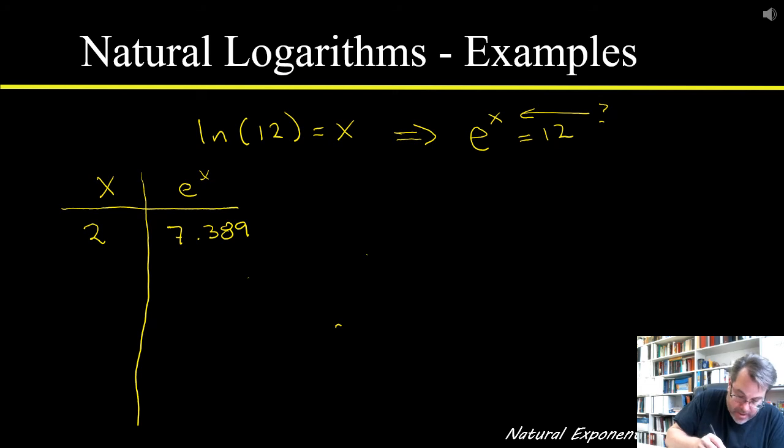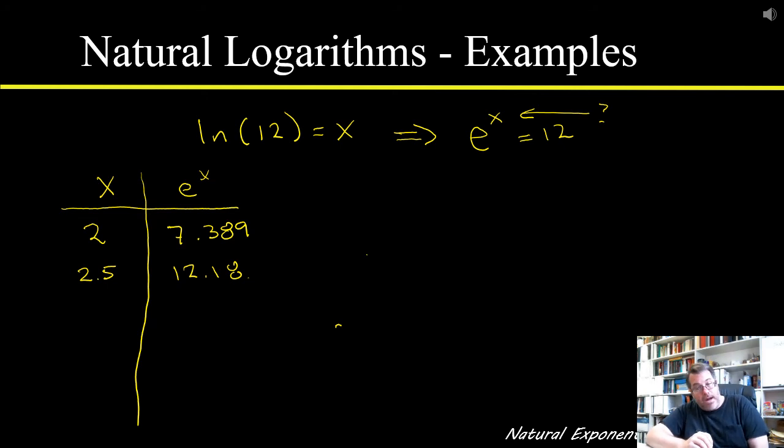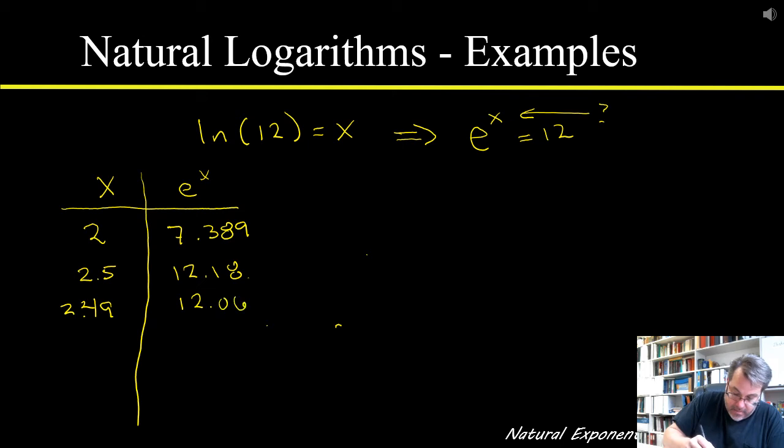So maybe we'll try something a little bigger, 2.5. Put that in the calculator, 12.18. Too high, but a heck of a lot closer. Maybe it's 2.49. Try that. Still too high.